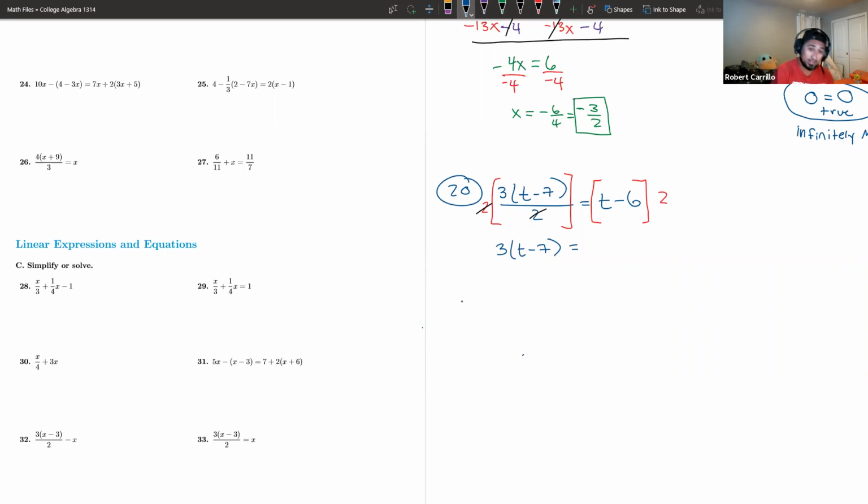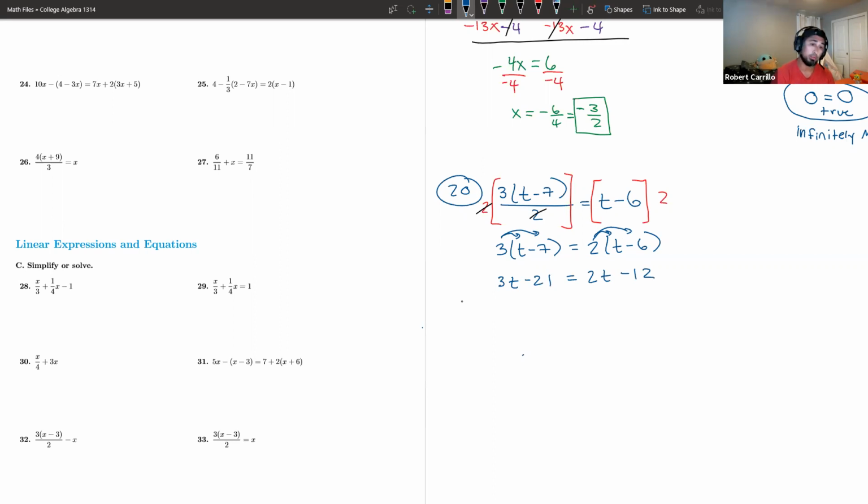to, and then on this side, you can distribute the 2. But let me rewrite it step by step. So t minus 6 times 2, I'm just going to rewrite it as 2 times t minus 6, just to work it step by step. Okay, now let's solve for t, meaning let's distribute the 3 and let's distribute the 2. 3t minus 21 equal to 2t minus 12.